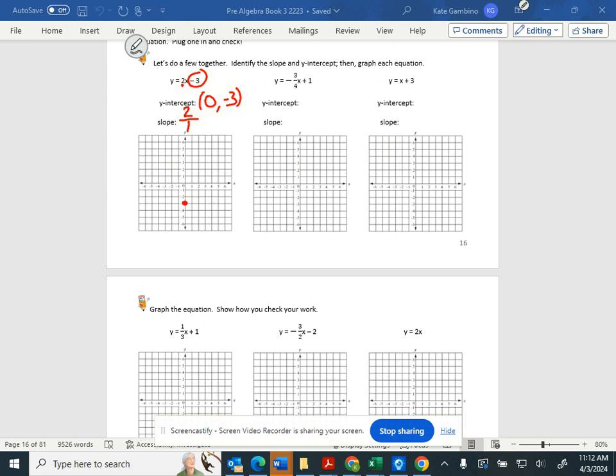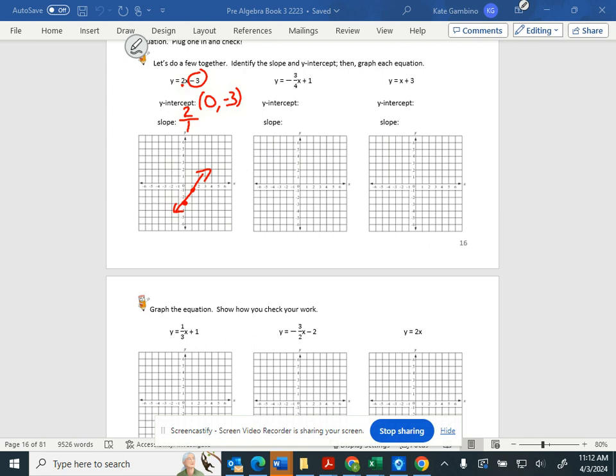Would it be go up 2 and then over 1? Yeah, it's a positive 2 over 1, so I go up 2 over 1. And now I connect it with my line. And I just graphed my first slope-intercept. This doesn't really make sense yet. That's why we're going to do it again and again, so it starts to sink in.